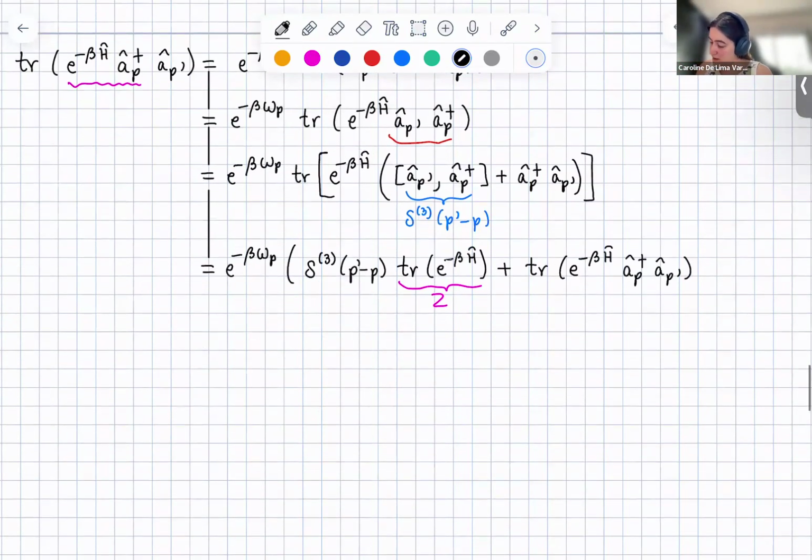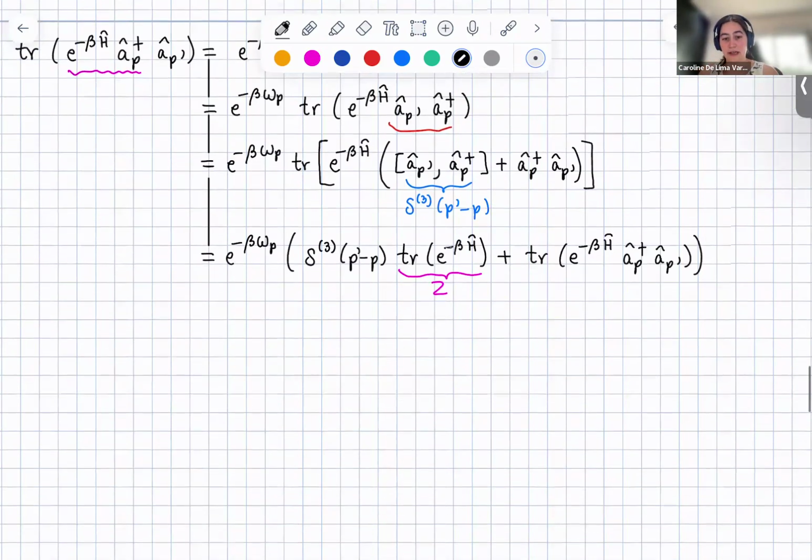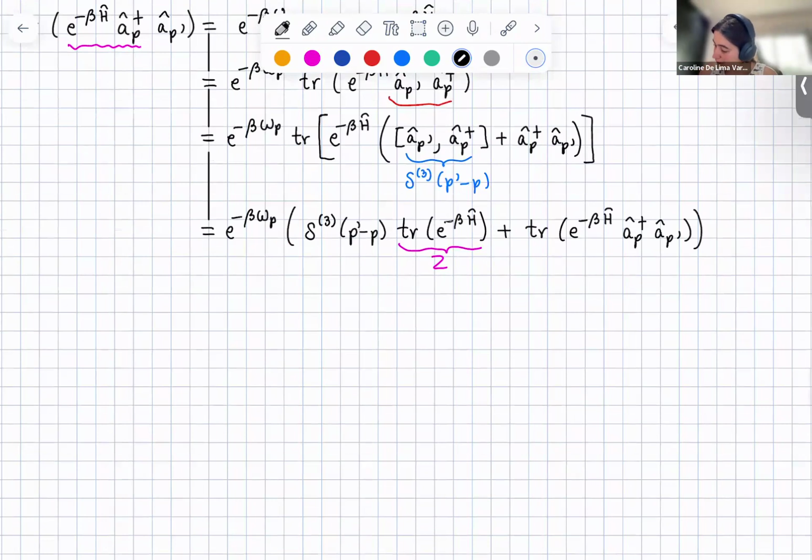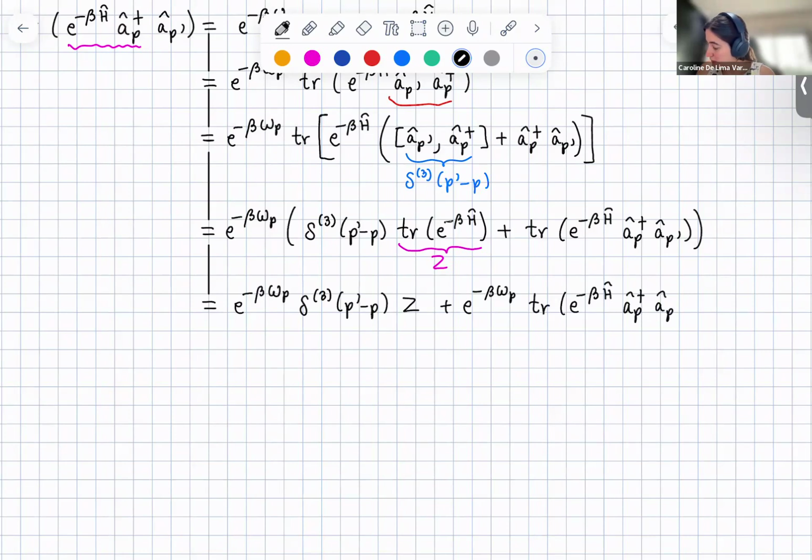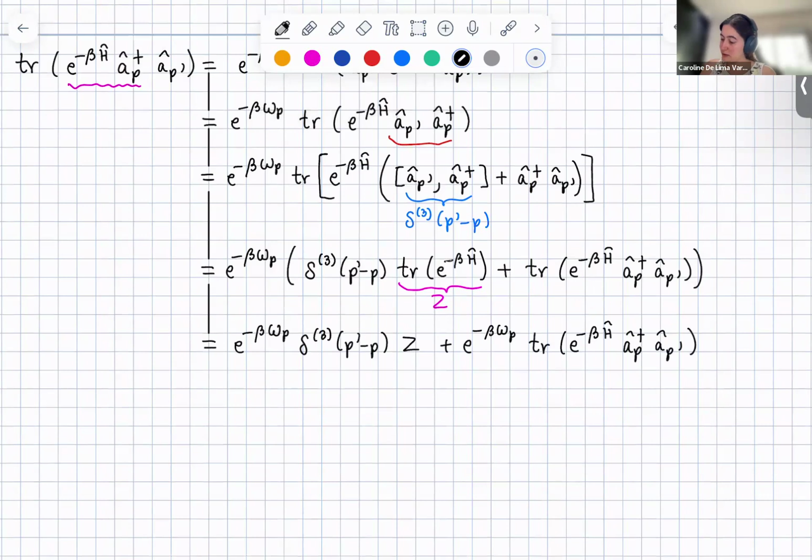Okay. Yes, that's the term. So what we get here is e to the minus beta omega_p times delta 3 of p' minus p times that, plus e to the minus beta omega_p times this trace of e to the minus beta H a_p dagger a_p', which, if you pay attention, is the same term that is showing up here.